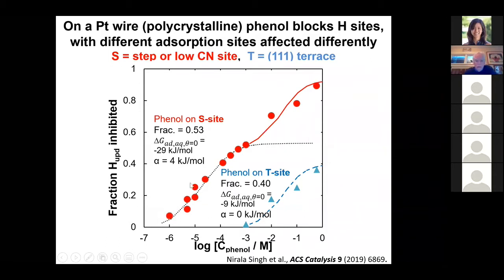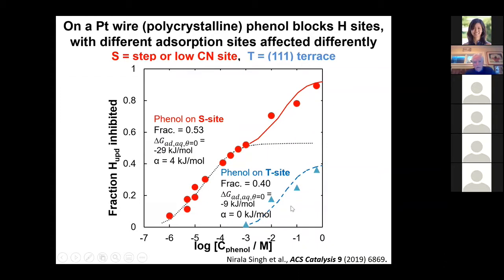And so there's two kinds of equilibrium constants here. One is for what we call the step sites or low coordination sites. And we've turned the equilibrium constant here into a standard delta G0 for adsorption. And then these sites, as they're being blocked, are the terrace sites.